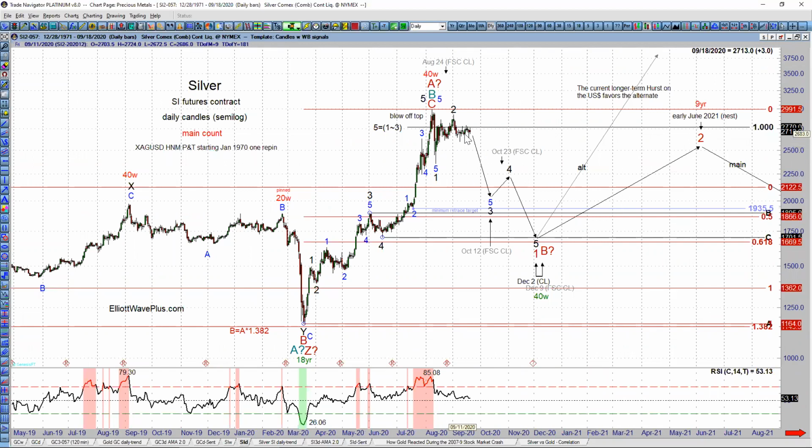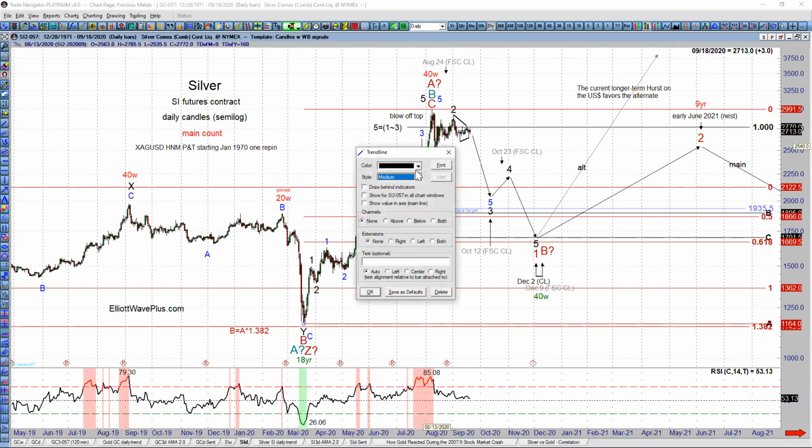So silver's been chopping sideways as well, but it really doesn't look a whole lot like a triangle unless you do this: A, B, C for the first leg of the triangle, then B, C, D, E. And it would probably be right in position for the move to the downside.